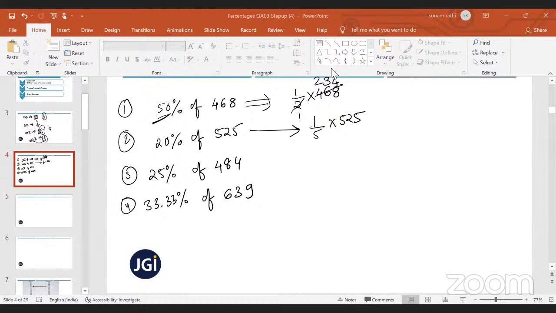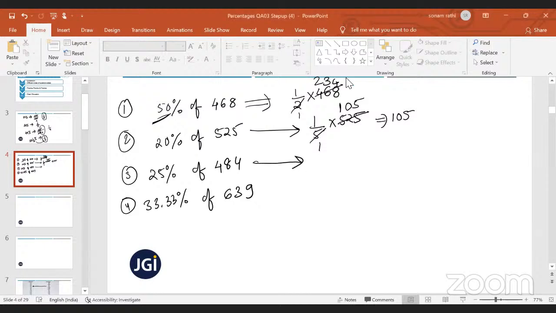Yes, correct. 1/5 of 525. 5 1 time, 5 1 time, 5 0 time, 5 time. So the answer is 105. Correct? Yes, Nihila, your answers are correct. Looks correct. Okay. Third one.